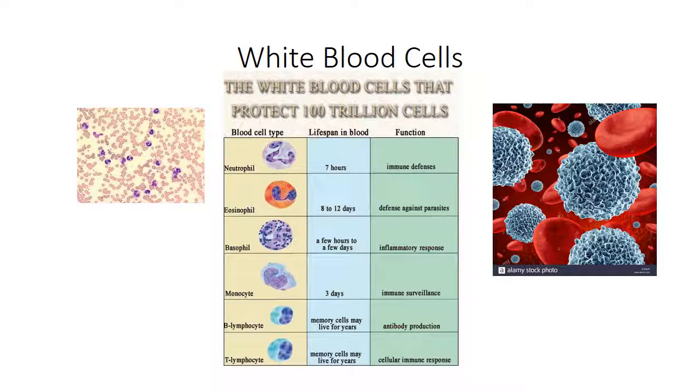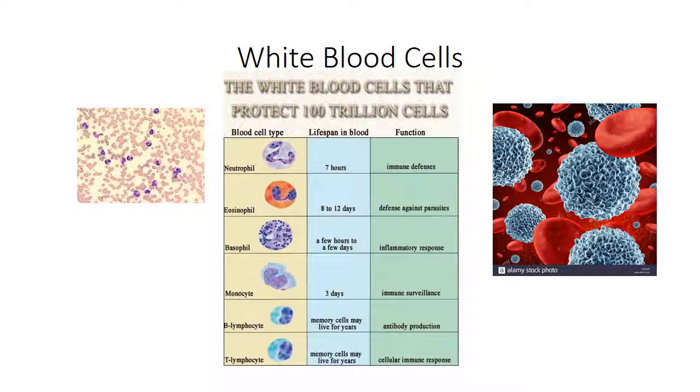Now, a bit about white blood cells. On the left, you see this microscopic picture where red blood cells are shown in pale red or pink, and white blood cells look like blue spots. Actually, they are colorless, but they have large nuclei which stain blue.